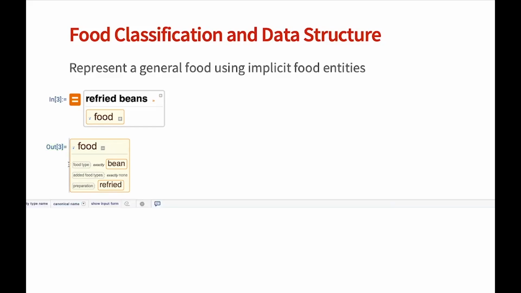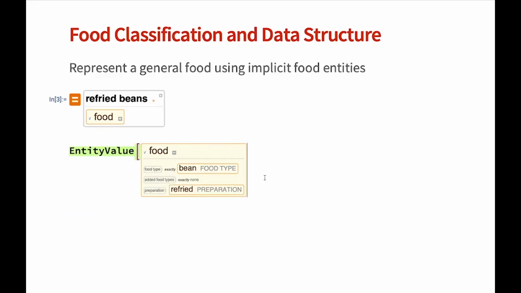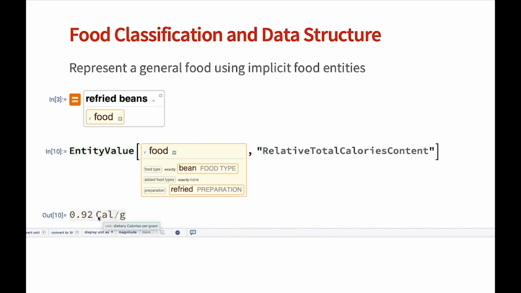So if we were to wrap this in entity value and ask for a relative total calories content, like this, it'll give us an average value for all of the foods that live inside of this implicit entity.